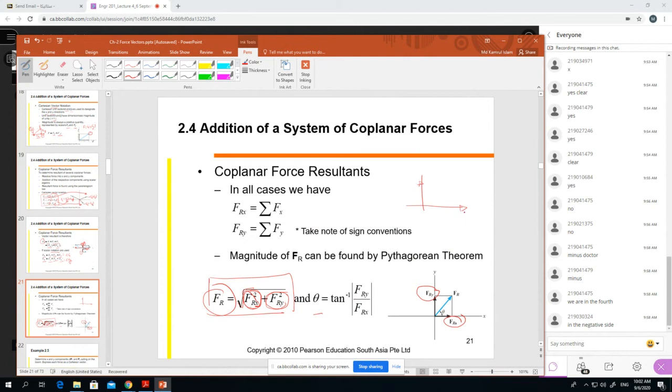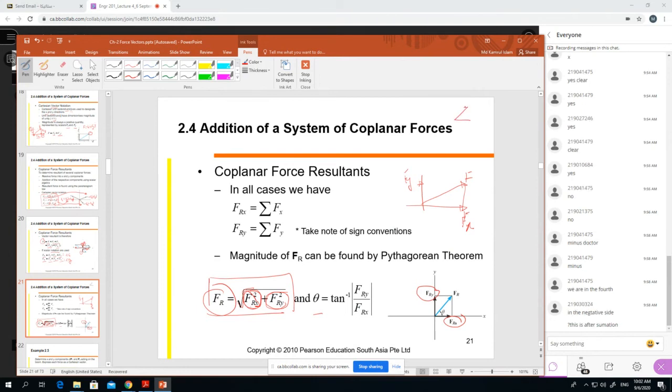If it is the summation of Fx, and the summation of Fy, we know the resultant force will be here. We already learned this. So what is the resultant force? The resultant force will be as per the Pythagoras formula. You already learned the Pythagoras formula, right? Where did you learn it?